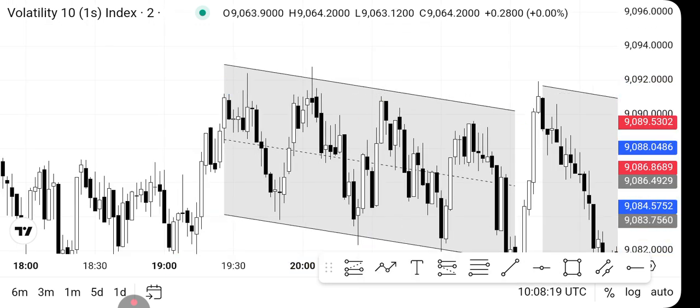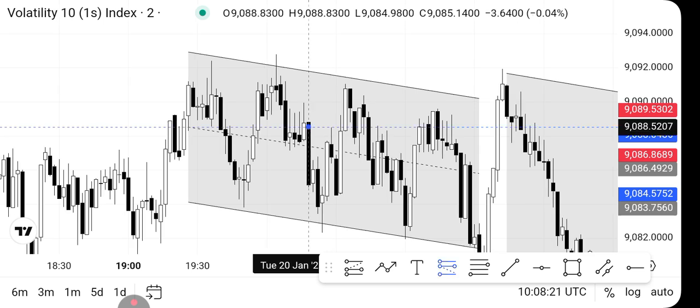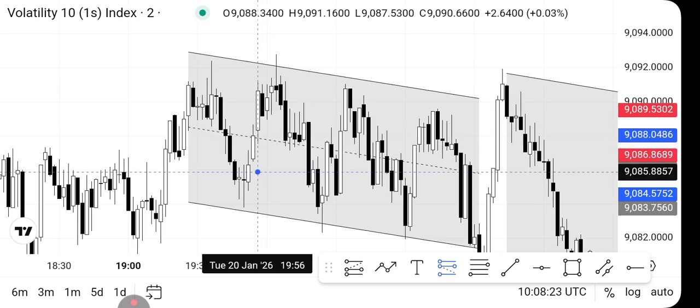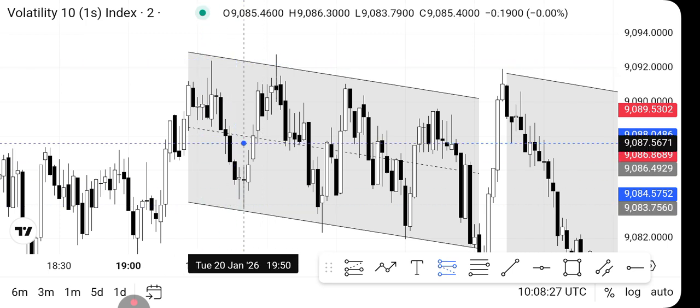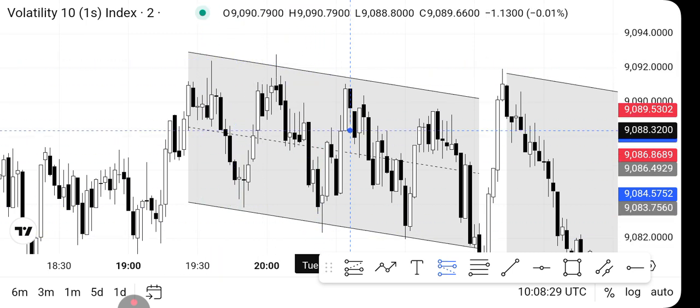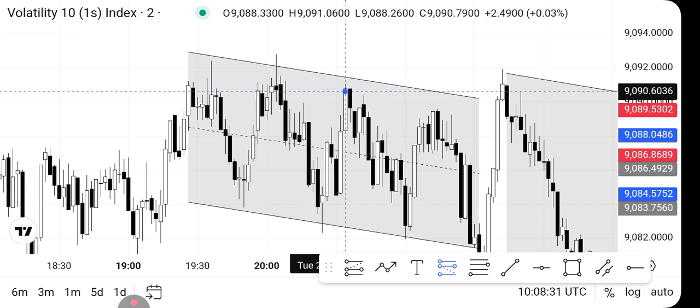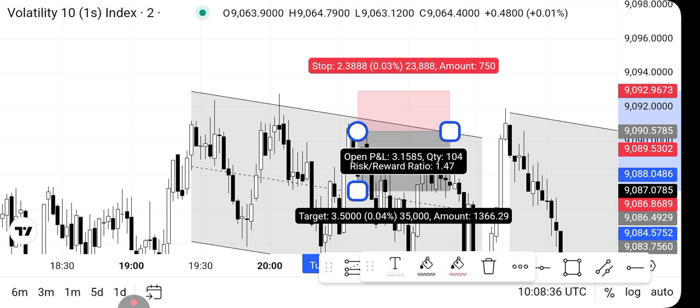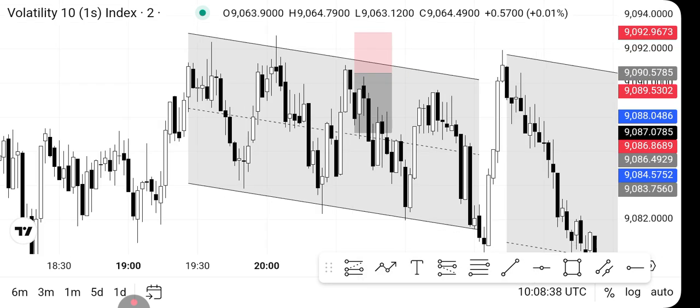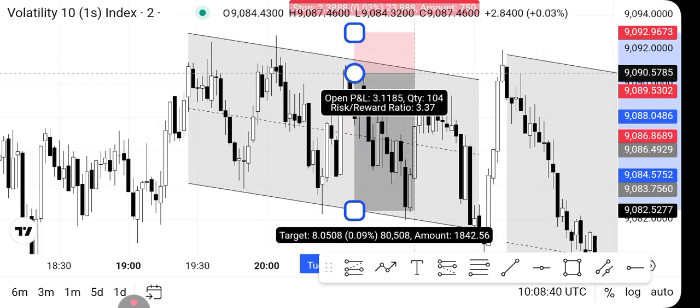On 2 minutes currently, remember we're selling. First touch, second touch, first, second, and the third, anywhere here, you take your entry, your SL above here like this, and then you stack what you can afford to lose.